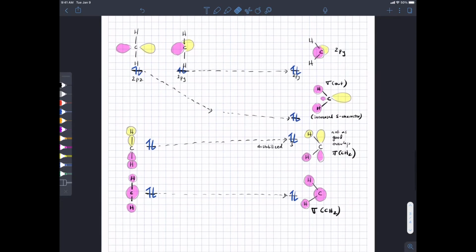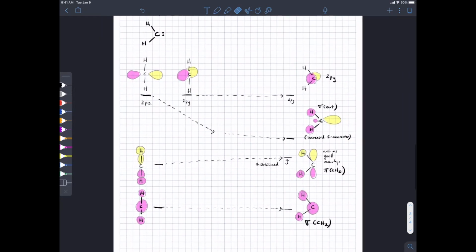So for a carbene, we have only 6 valence electrons. People sometimes talk about hypervalent atoms, which have more than the regular number of electrons. Maybe this is hypovalent, I don't know. But 6 valence electrons.